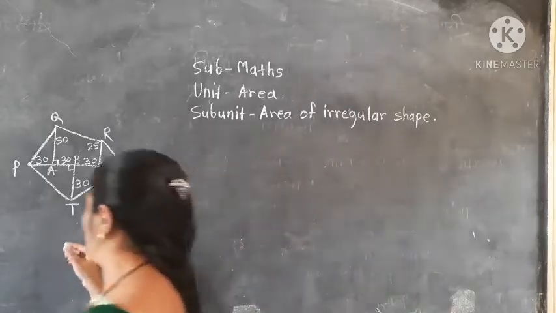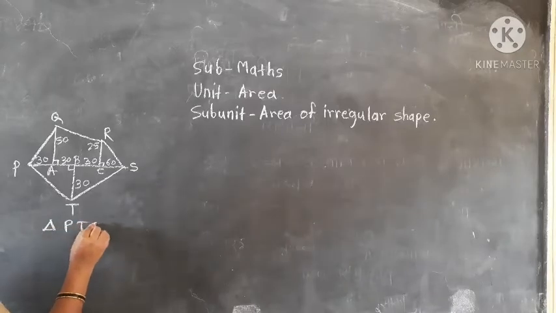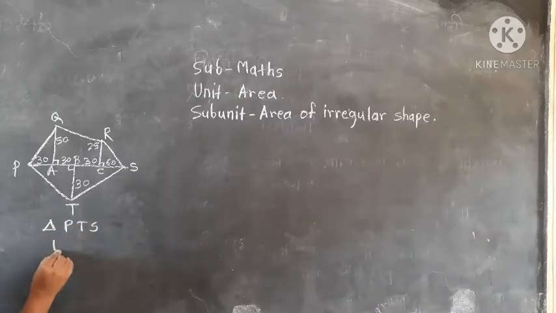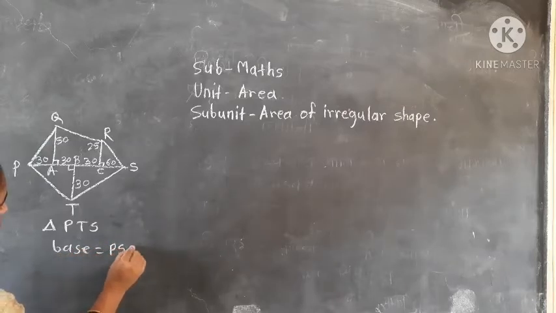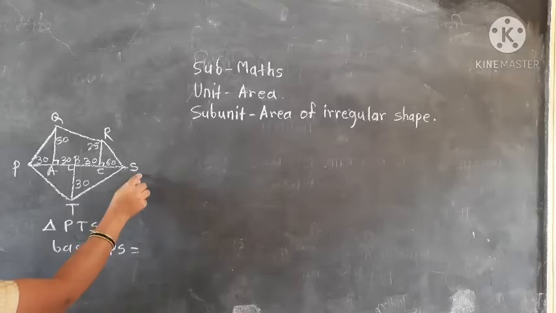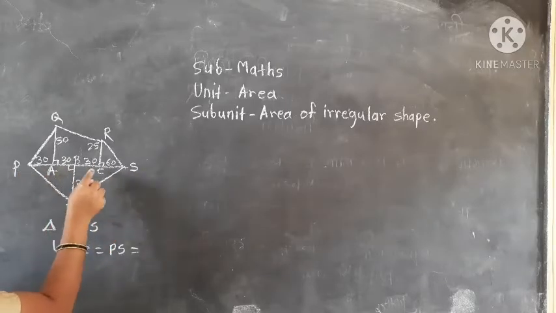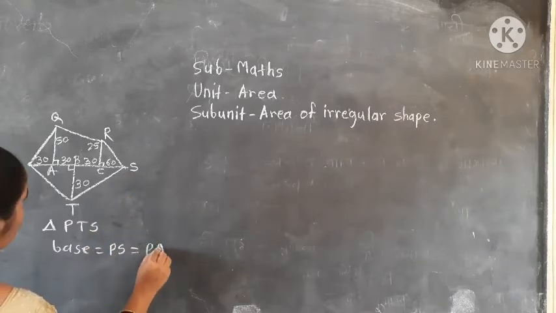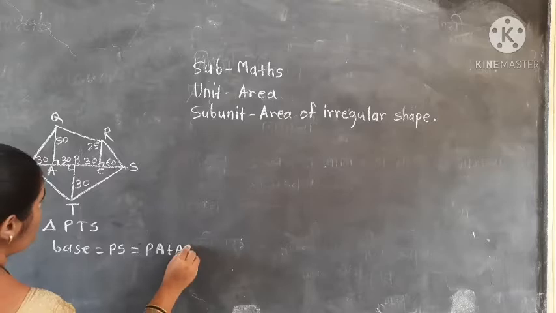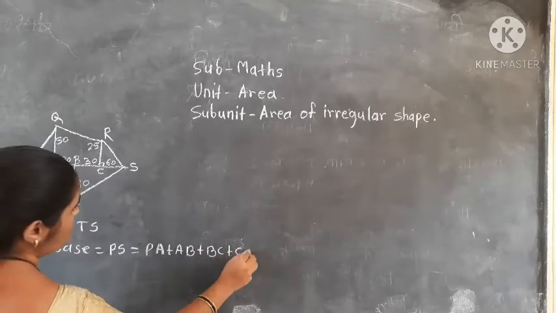After that, in triangle PTS the base is PS. But PS is made up of PA, AB, BC and CS. PS is equal to PA plus AB plus BC plus CS.